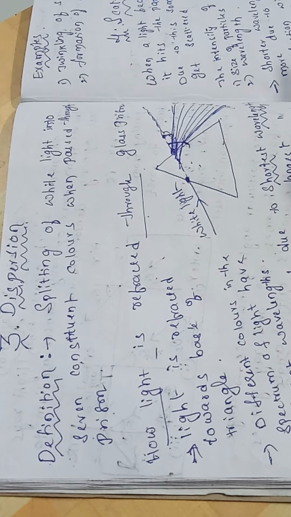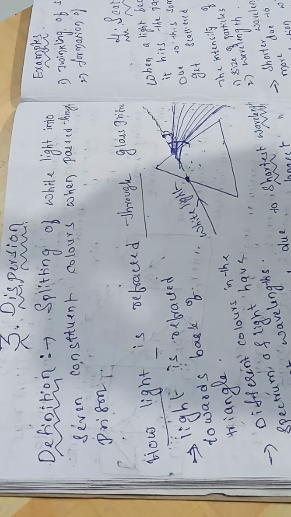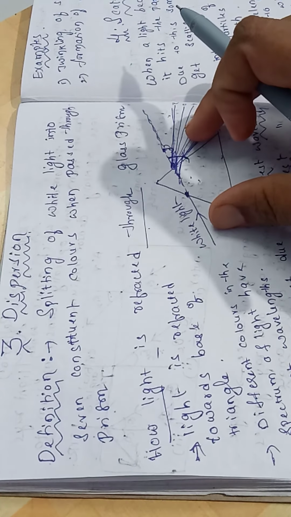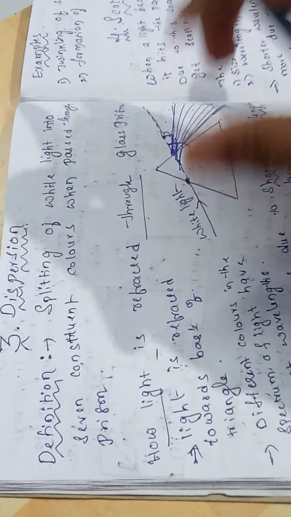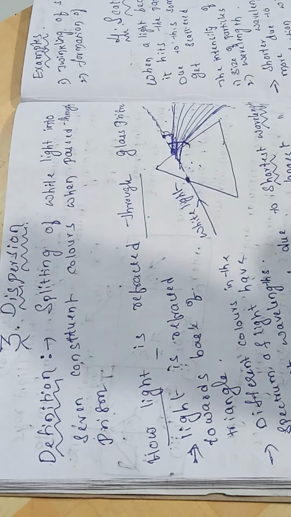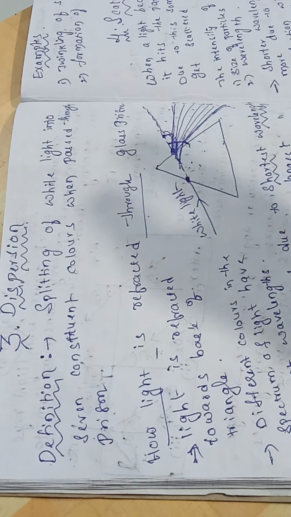Generally, if we see the prism, we will see as if both surfaces of the prism are parallel, but in actual it never happens. The two surfaces of the prism are not parallel.